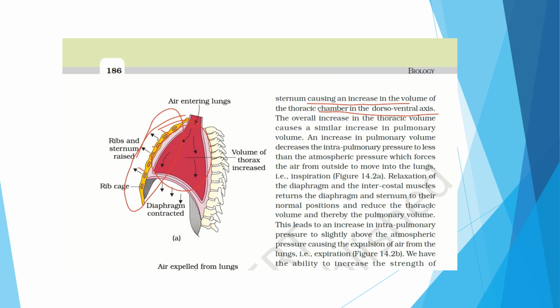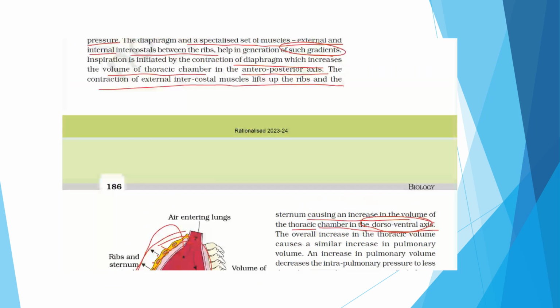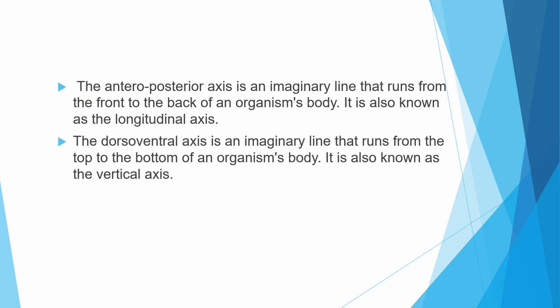Let us move into the details of how the volume is increased in the thoracic chamber in the dorsoventral axis, and what this anterior-posterior axis is. Let us discuss this first. The anterior-posterior axis is an imaginary line which runs from the front to the back of an organism.